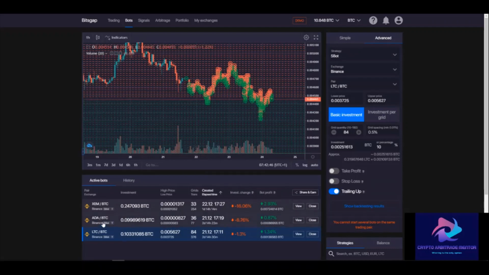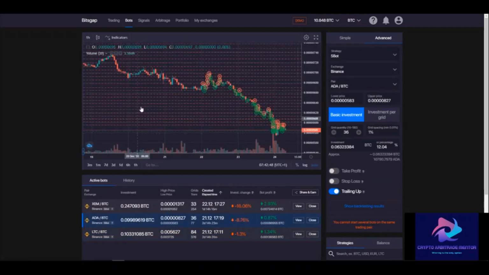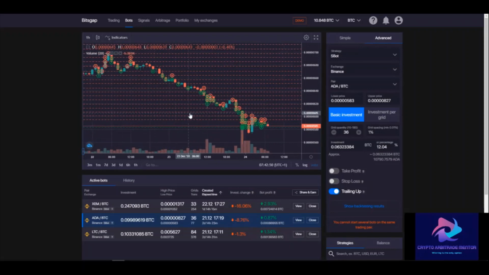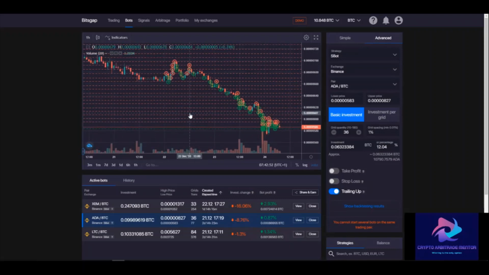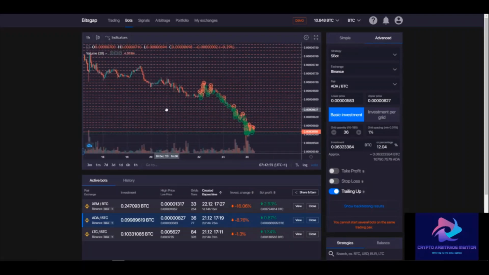You can see here that ADA against BTC is now at the end of the grid because it was decreasing from the 22nd to today.